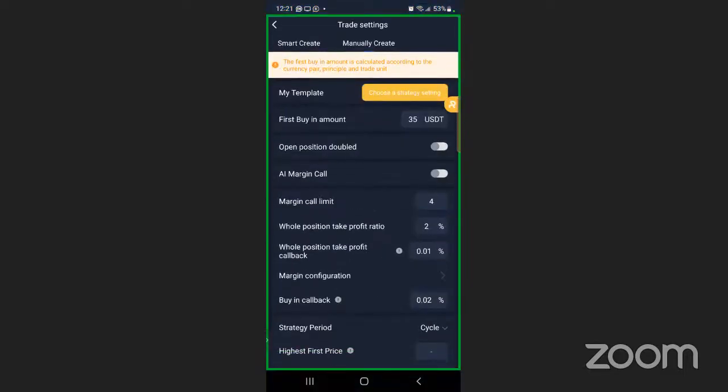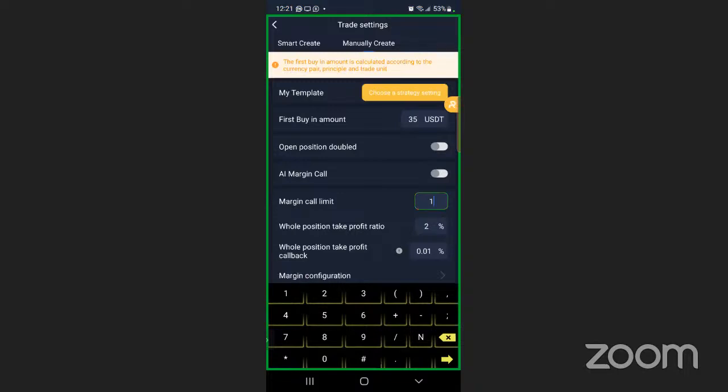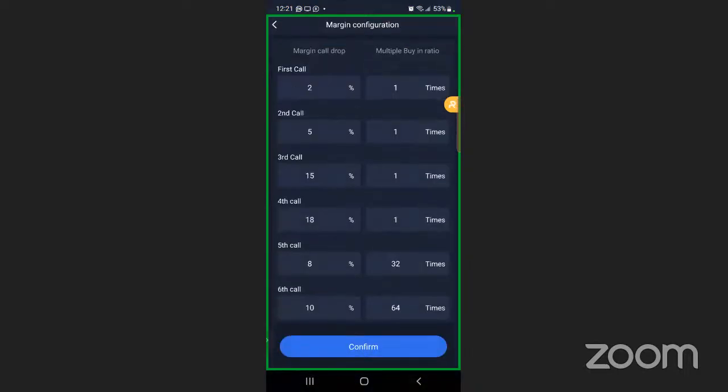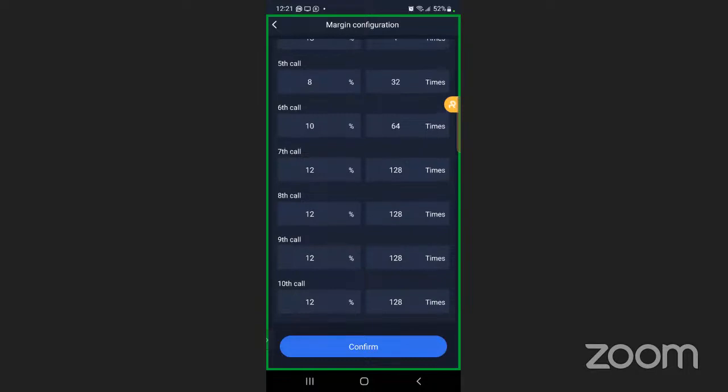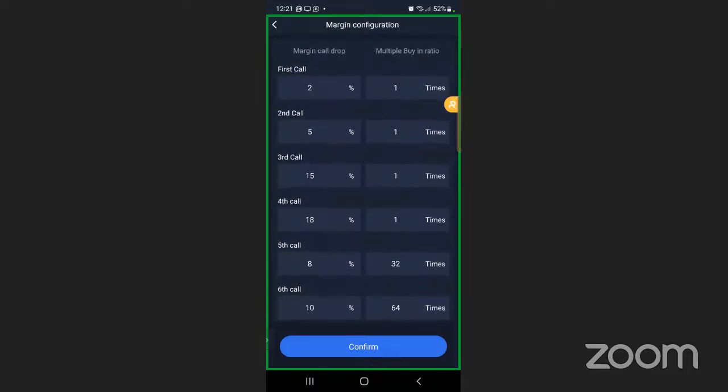If you give your robot 10 margin calls, and you tap on the margin configuration, it has 1, 2, 3, 4, 5, 6, 7, 8, 9, 10. These are calls, call drop, margin call drop. What's a call drop?